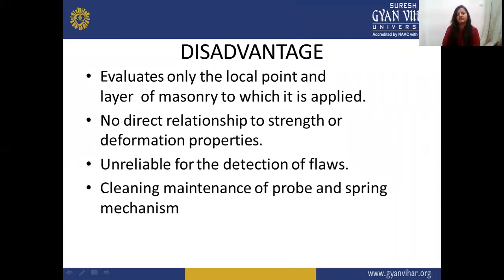The disadvantage of this is that it evaluates only the local point and layer of the masonry to which it is applied. So it usually measures only the point at which it is pointed and the particular area where the plunger is in contact. For a surface you need to form grids, and for a small structure we have to conduct at least 100 to 200 tests, marking each grid.